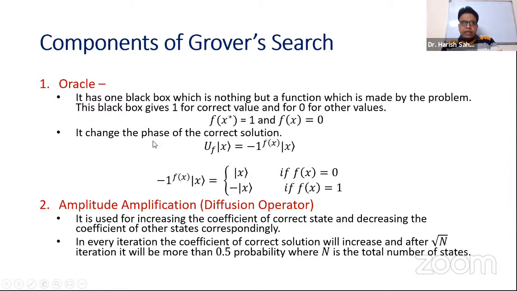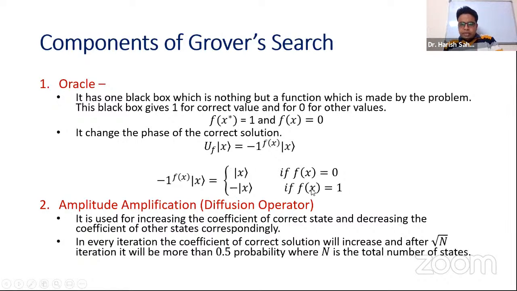In the oracle, whenever we apply this oracle operator, just understand that U_f is basically a gate. Whenever it is applied on some state x, it will change the sign of state x if f(x) is 1.